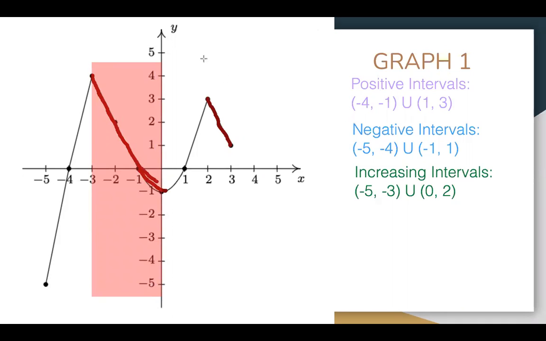Here's one strip, and here's another one. That one, we'll close that in a little bit. So that's going to be from -3 to 0 again, and from +2 to +3.